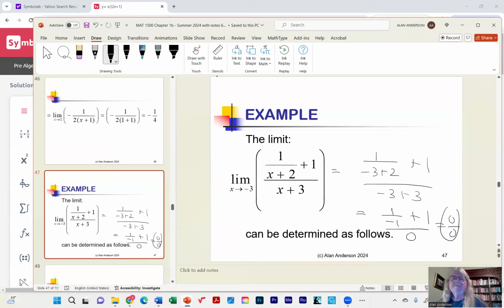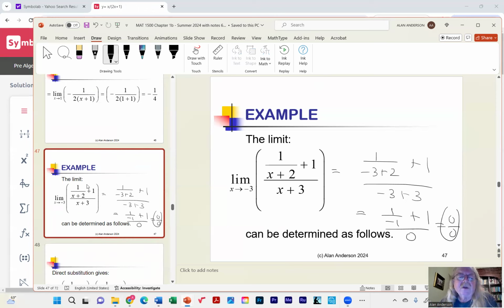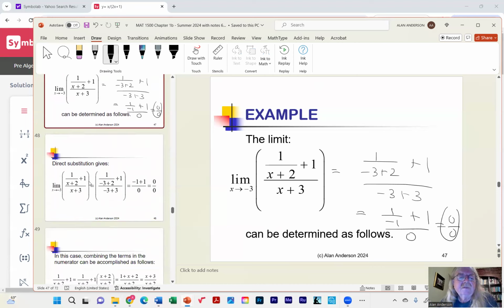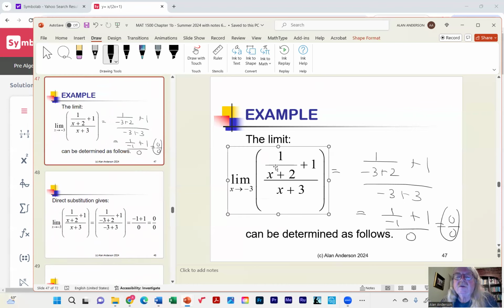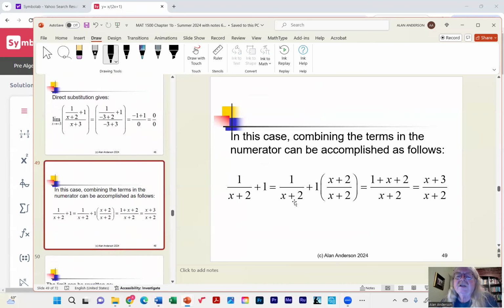Okay. So once again, we'll follow the same steps. Why don't we combine the two terms in the numerator? Okay. And so the numerator is 1 over x plus 1 plus 1. This will be easy because we can just rewrite 1 as x plus 2 over x plus 2. So we end up ultimately right here.